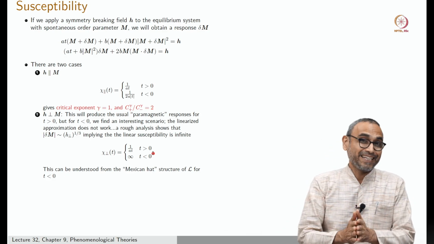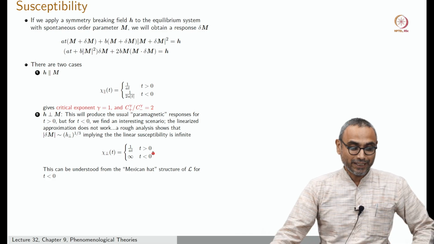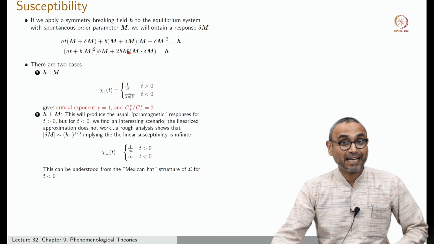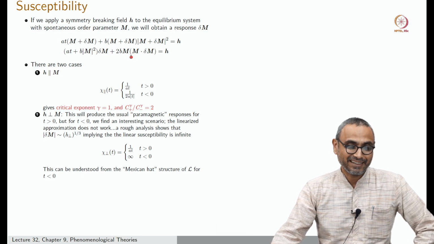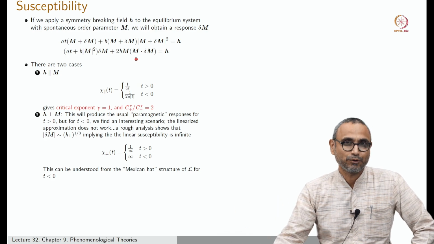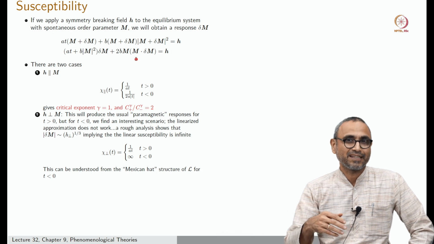But when t is less than 0, I invite you to do the analysis in detail. You will find that the linear response calculation will not be quite right. If you try to write down the linear response relation, you will get some garbage. You will see something like 0 is not 0 and so on.